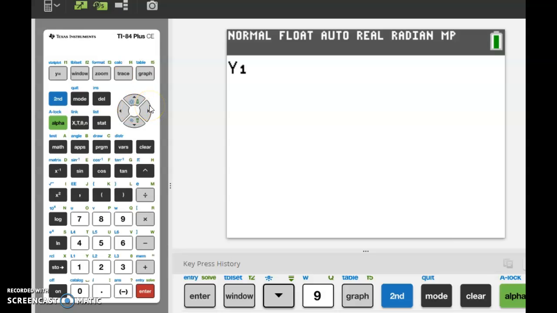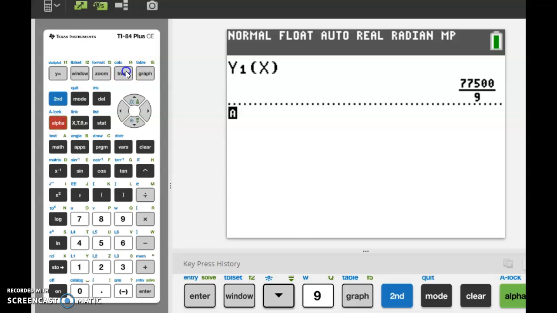hit alpha trace y1 parentheses. What's actually nice is if I hit x, it actually puts in that x value that we just found. Your calculator automatically saves that value for x when you found that 0 before.